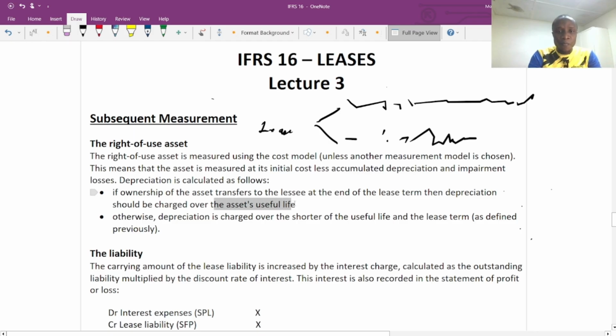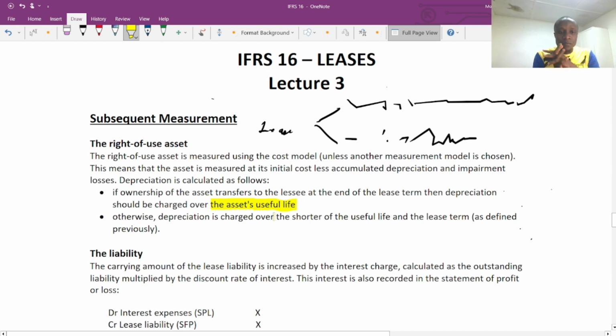If the asset will be transferred to the lessee at the end of the lease term, then we need to depreciate the asset over the useful life of the asset, not the lease term.